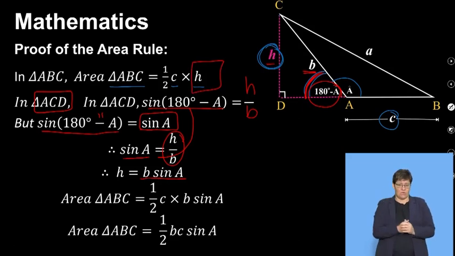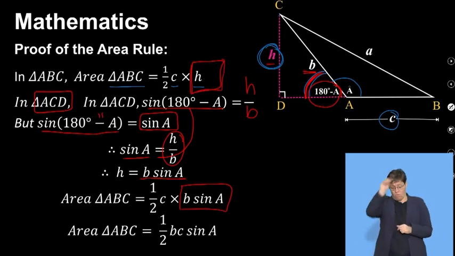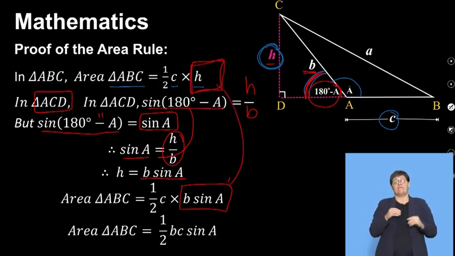So exactly like we did earlier, H equals B sine A, and we put this in for the H in this formula here. And so we end up with area of triangle ABC equal to half CB sine A. And if we rearrange it in alphabetical order, it's just half BC sine of A.